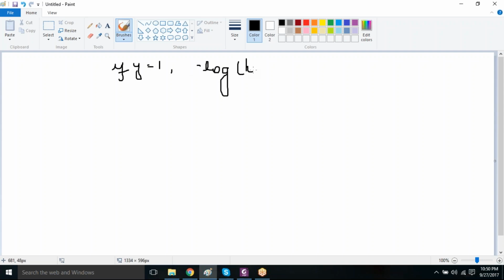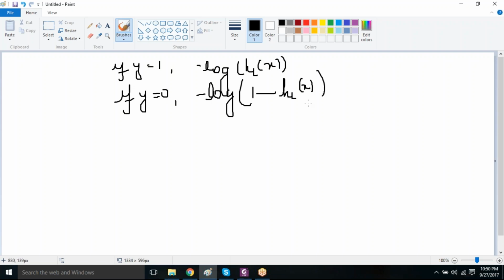One criteria is this, and then another criteria is this. But the point is, if I am talking about error, I am saying what is the error of your model.